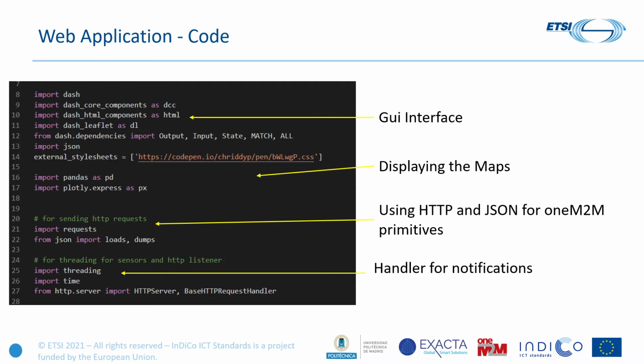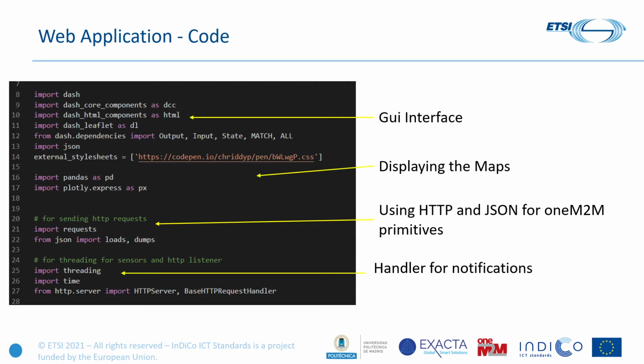Next, I want to show some of the libraries that I'm using for these web applications that I'm creating. For the GUI interface, I'm using a Python library called Dash and Dash leaflets for plotting the maps. Also related to plotting the maps are Pandas and Plotly Express.